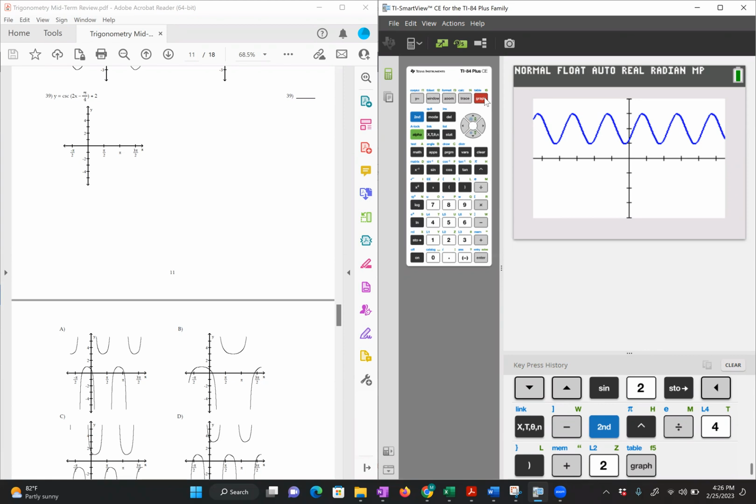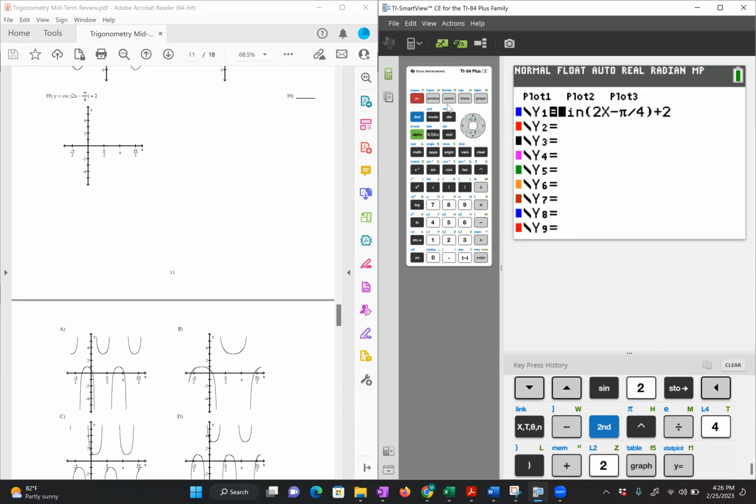Now I'm going to go back here and graph 1 over sine, in parentheses 1 divided by sine. What that will do is give me cosecant.